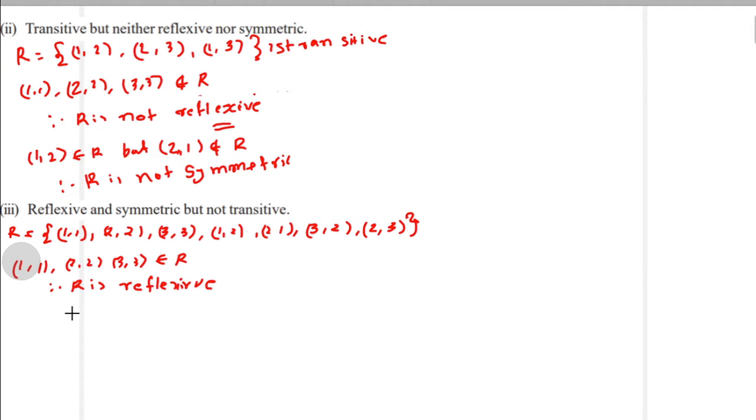Okay, then (1, 2) belongs to R, and (2, 1) belongs to R, and also (3, 2) and (2, 3) belong to R. Therefore R is symmetric.